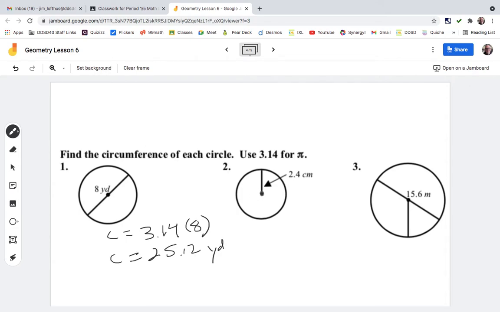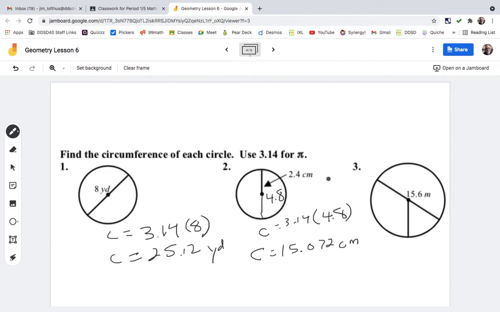And we're going to have to double this 2.4 to 4.8 for a diameter. So that circumference is 3.14 times 4.8. 4.8 times 3.14 is equal to 15.072 centimeters.